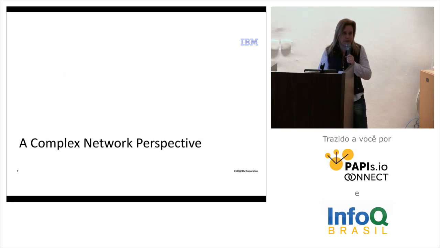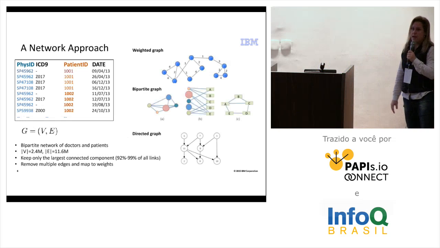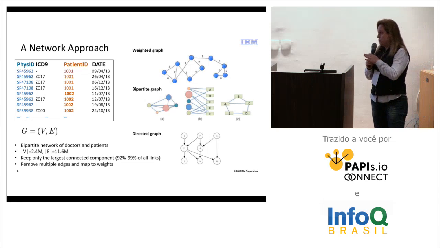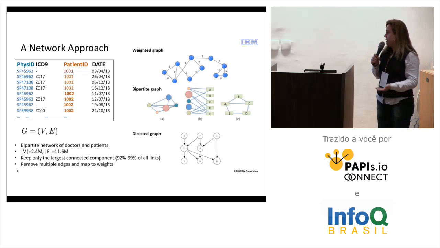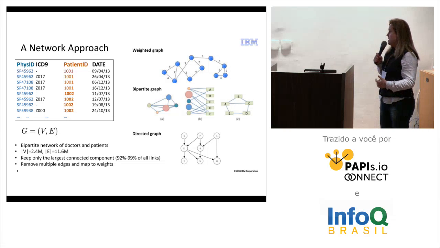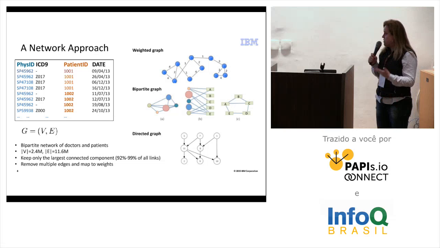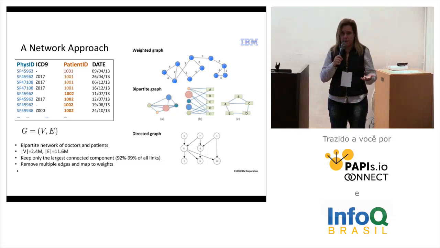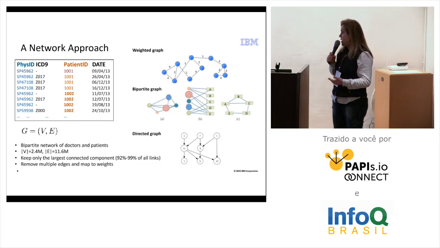So what was the idea here? Since day one, they wanted to discover the relationships between physicians, so we started working with a network approach. We used the claim data table, the large table and the one with more statistical significance, and started to build a network. A complex network is modeled as a graph, and in a graph you have nodes and edges.